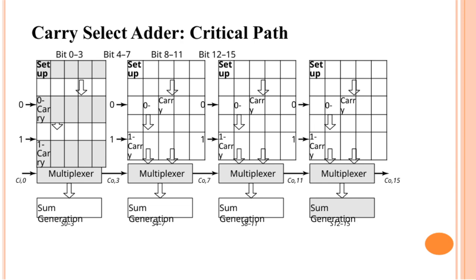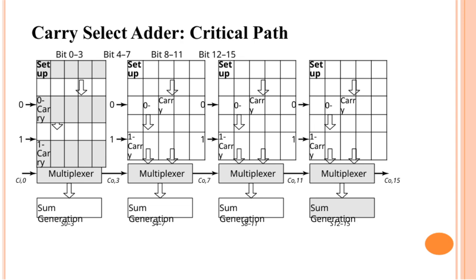The carry outputs, labeled co for bits 3, 7, 11, and 15, represent the carry output for each group. The initial carry input is CI 0, starting the chain. The critical path here is influenced by the time it takes for sum generation and the multiplexer selection in each group.